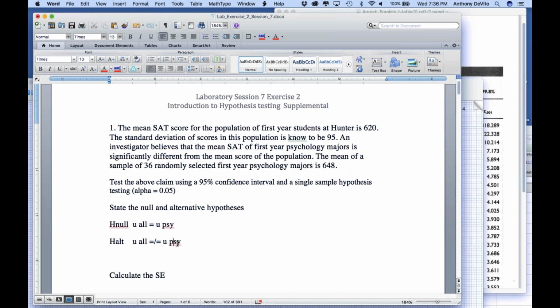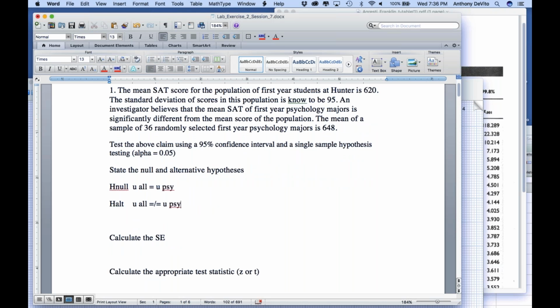In fact, most likely in practice, you might say to yourself, by launching this study, I'm really setting up this null and alternative hypothesis because I didn't know before I started whether or not they would be the same or equal.